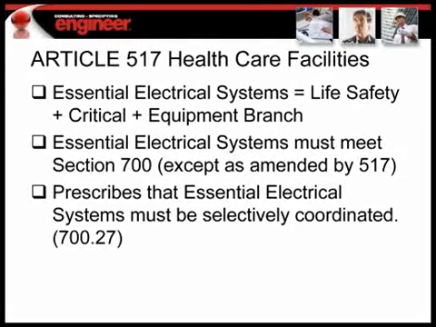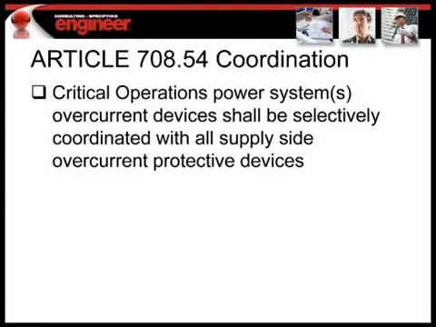So this basically goes over the definitions and the codes that prescribe that the essential branches that are in healthcare buildings have to be selectively coordinated. It also goes on to state that the critical operations branch of power needs to be selectively coordinated as well.